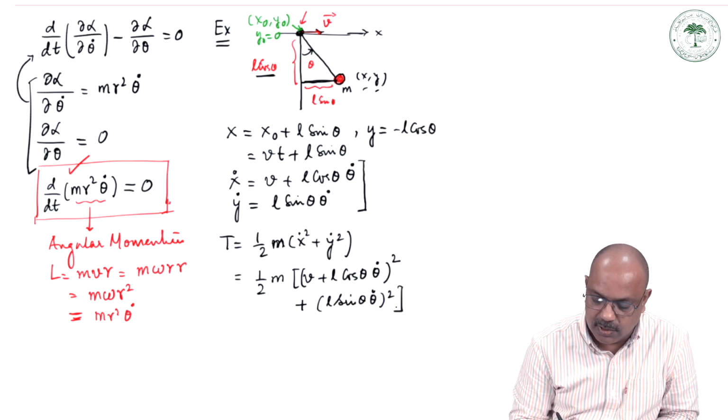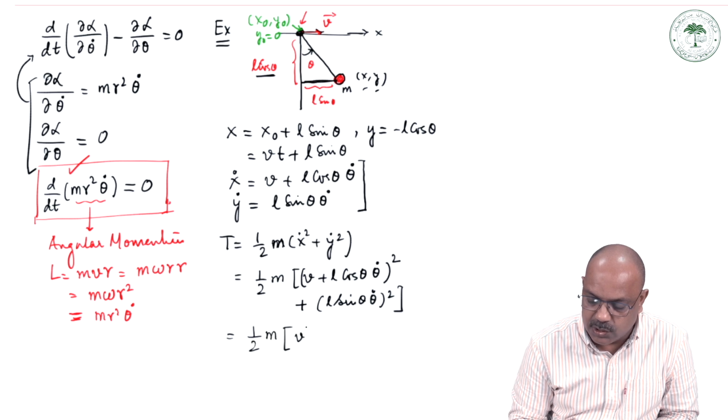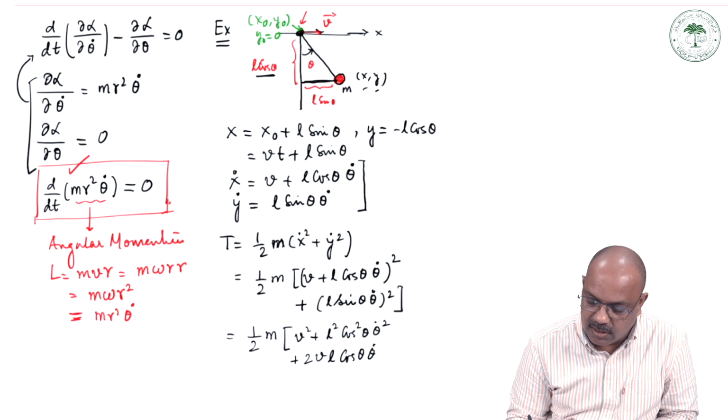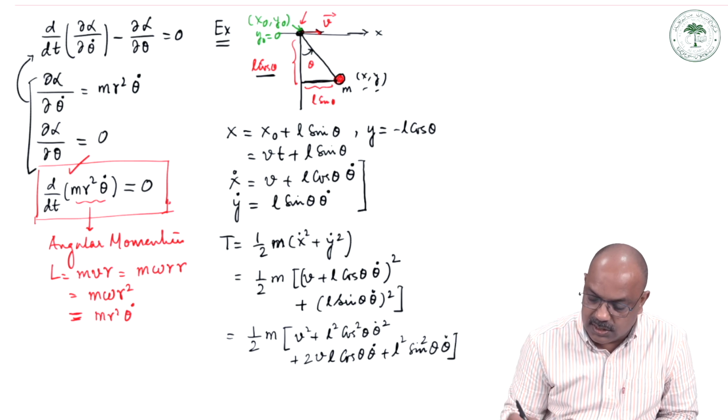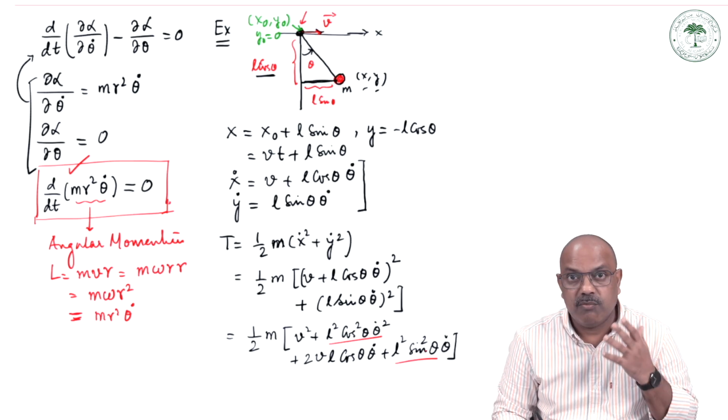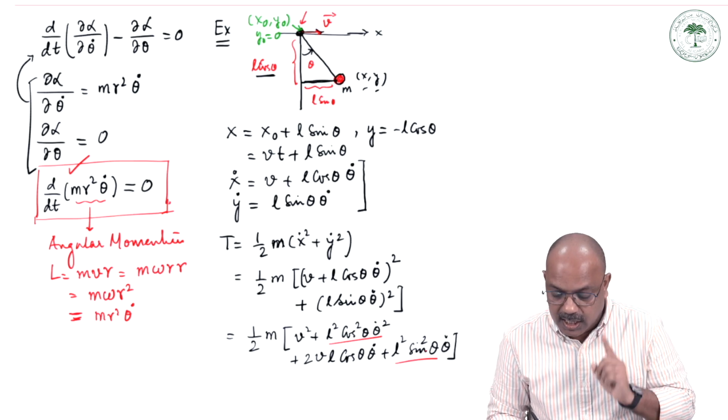Okay, so what I'm going to get is half m times v square plus L square cos square theta theta dot square, plus twice vL cos theta theta dot, plus L square sin square theta theta dot square. So L square cos square theta theta dot square and L square sin square theta theta dot square give me L square theta dot square, and this v square.